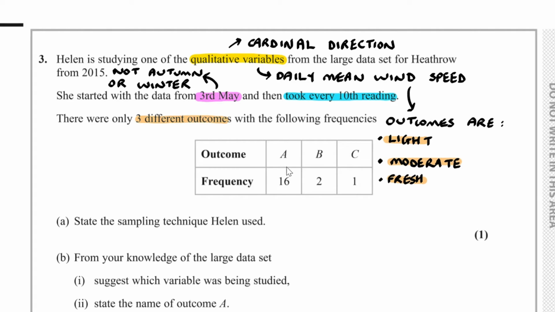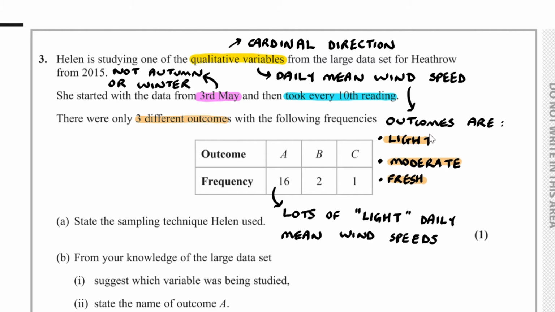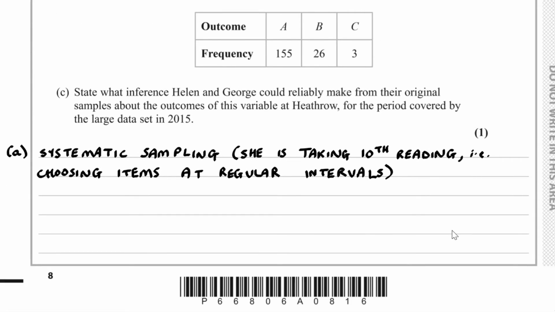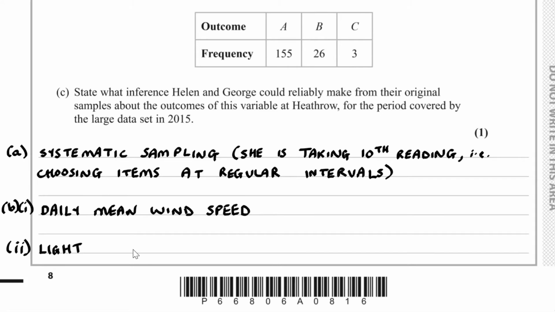And A, we've got lots of something from these 3. Well, it's the 3rd of May, it's not autumn or winter, so it's going to be quite sunny. So this will suggest to us that this 16 would represent lots of light daily mean wind speeds. So for part B, we have daily mean wind speed with A being light.